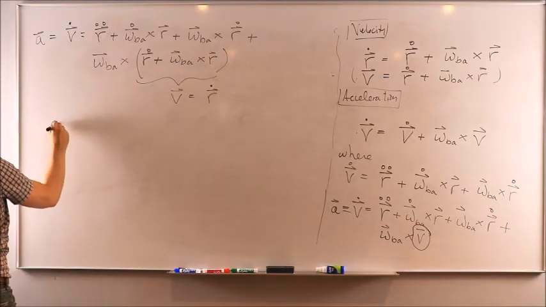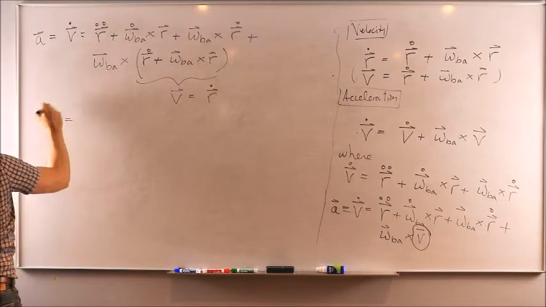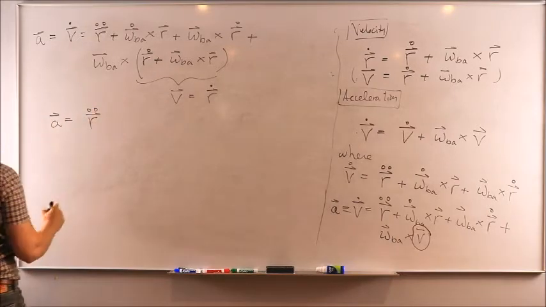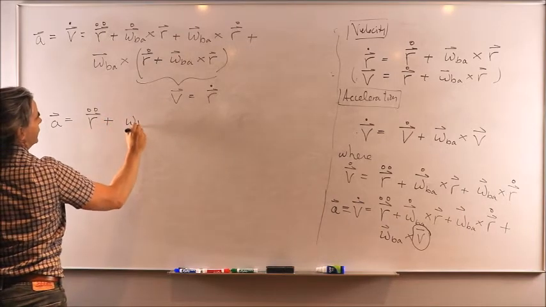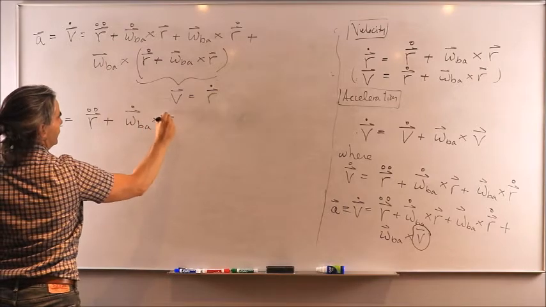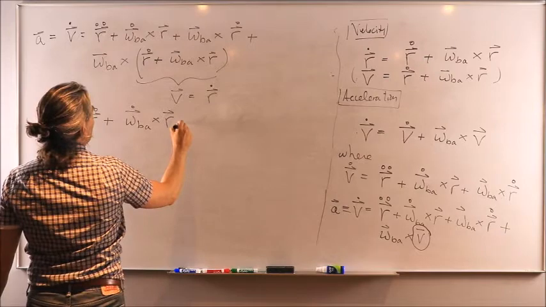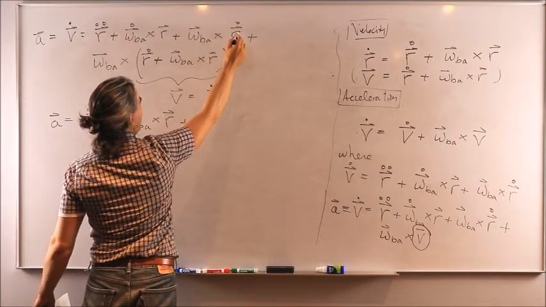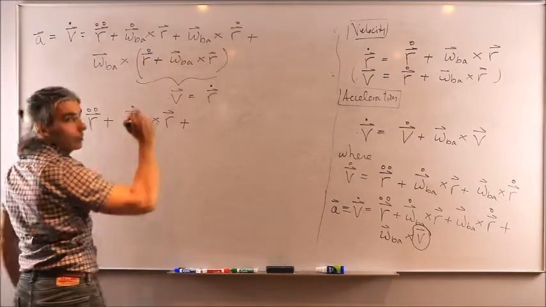Almost there. That means that my inertial acceleration would be my non-inertial acceleration, r double hollow, plus omega BA hollow cross product position vector, plus omega BA cross product r hollow once, omega BA cross product r hollow twice.